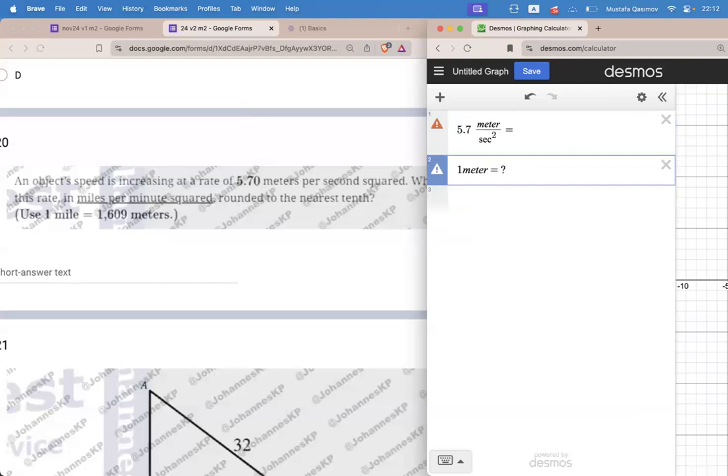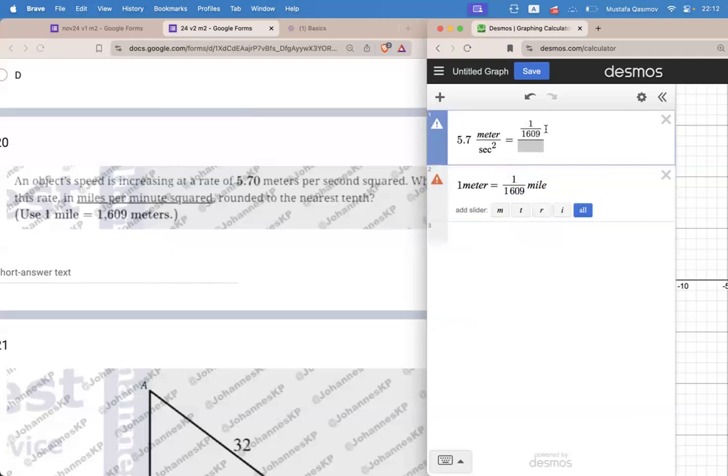Let's say it is question mark miles. What do we have to write here? What's your opinion? We have to write 1 over 1609, squared, and 3600 goes in the numerator.